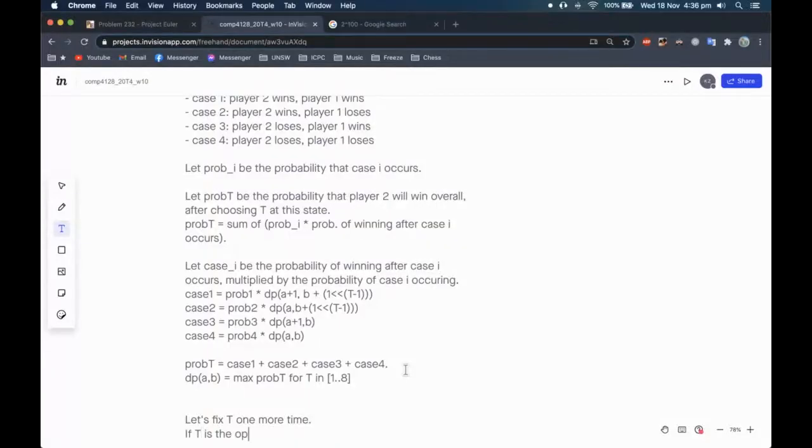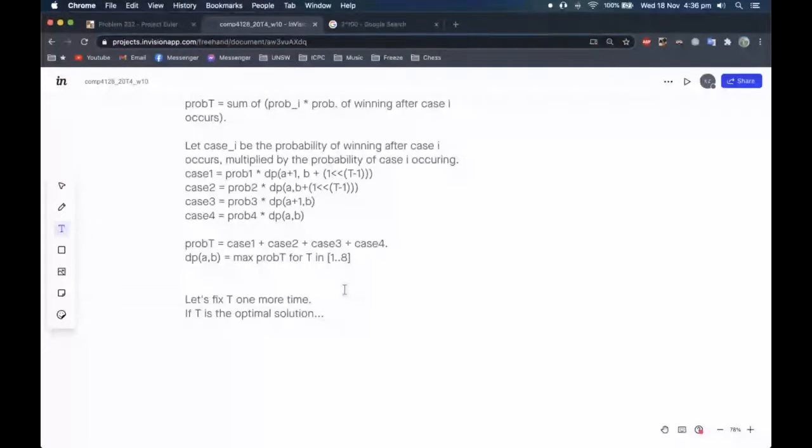So let's fix t one more time. Let's say that t is the optimal solution, right? In other words, this value of t is going to give us the best probability of winning at this state.